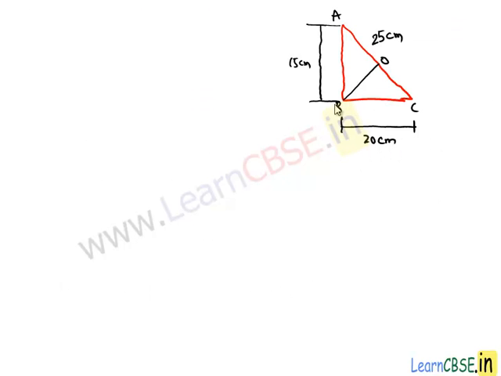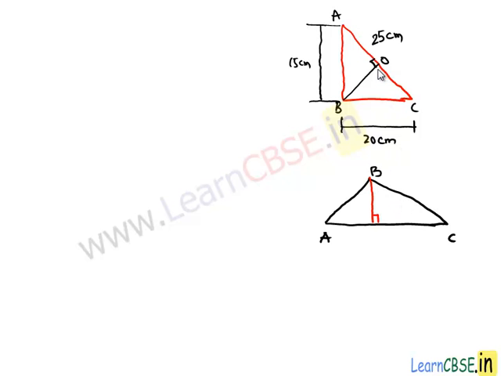Here we have a right angle triangle and all its sides are known, and we draw a perpendicular from vertex B to hypotenuse AC, and it intersects at O. Here we redraw the diagram with base AC. Then we have a triangle ABC like this, and this becomes our hypotenuse AC. From vertex B we are dropping a perpendicular like this, and here we know all the sides.